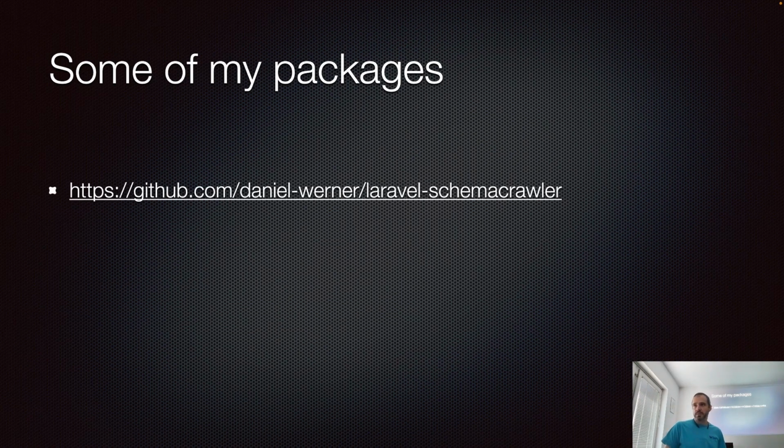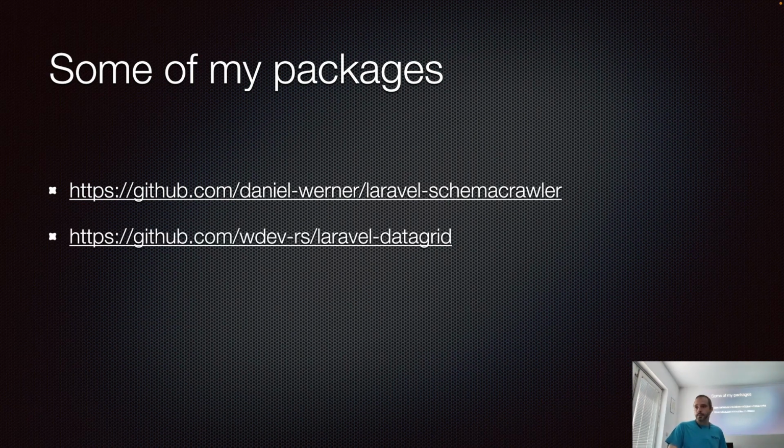And I will just show you some of my packages. So this is the Laravel schema crawler, which can generate an ER diagram from the database. When you don't have models or the stuff, then it can generate it from the database itself. Or I have Laravel data grid. This is basically an admin panel list tool.